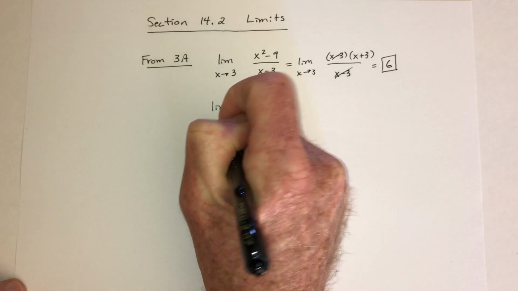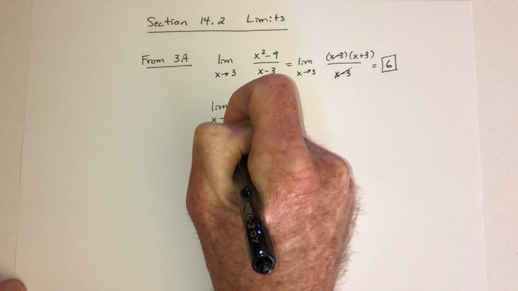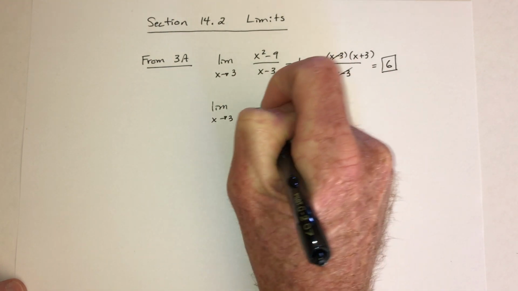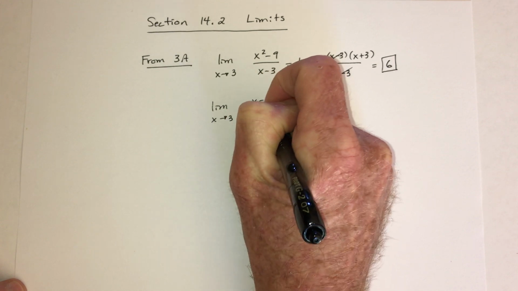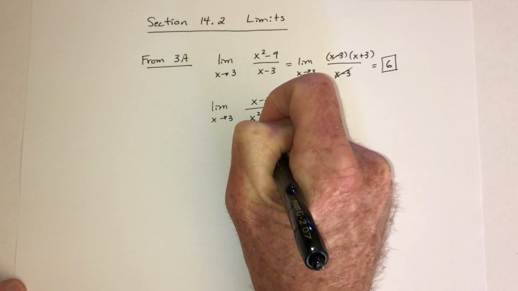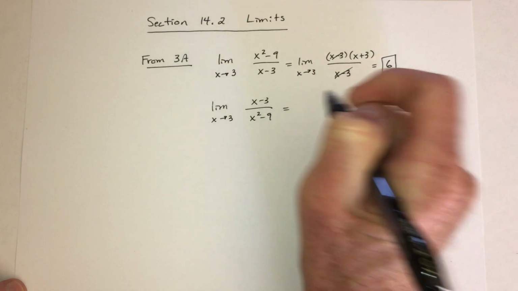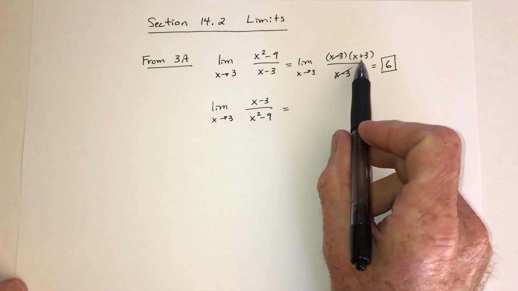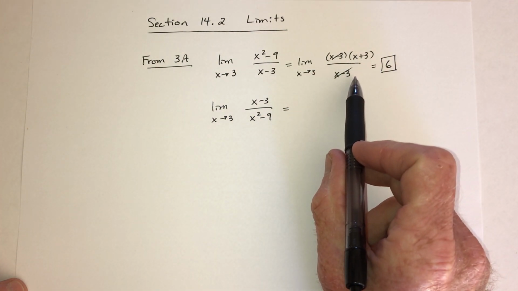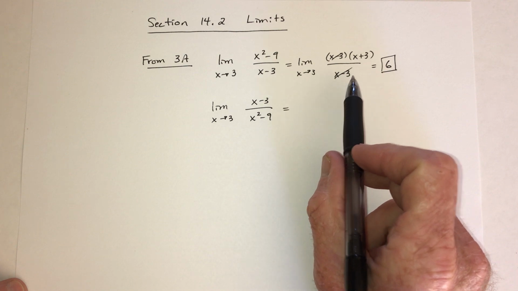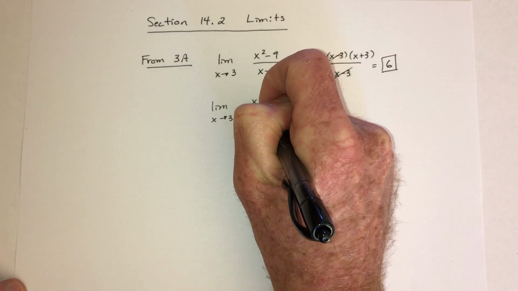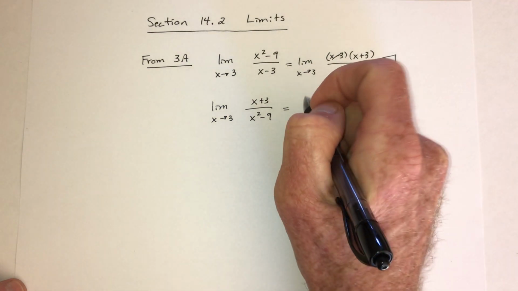Now another case would be if they were switched. So that way when you do the algebra, this is then going to be in the denominator. Oh, wait a second. I need to change it just a little bit. There.